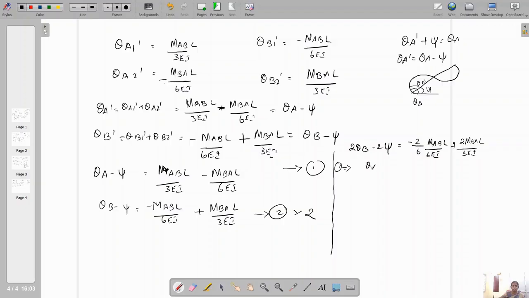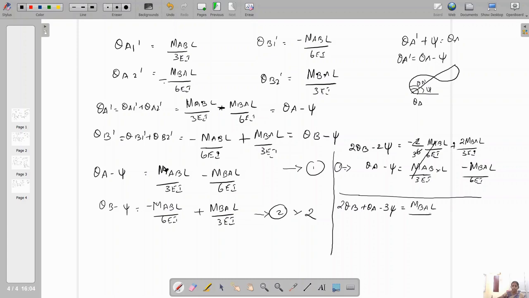First equation is theta A minus psi equal to MAB L by 3EI minus MBA L by 6EI. So if you add, we will get equation 3. The same terms can be eliminated. 2 theta B plus theta A minus 3 psi equal to, you can take MBA L by EI as common.